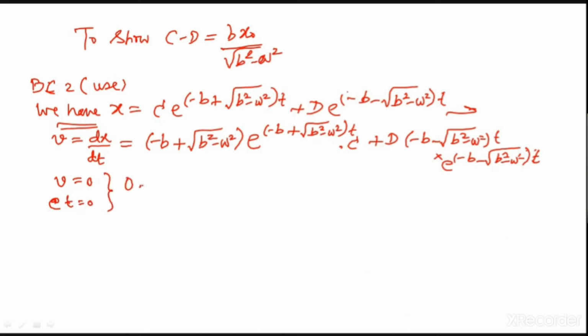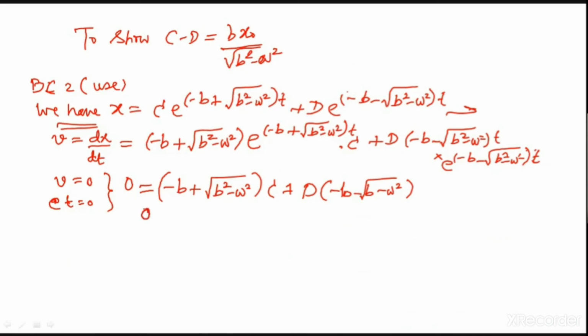So 0 is equal to, this term goes, it becomes minus b C plus D, minus b minus root of b square minus omega square. Okay, e to the power 0 is 1.